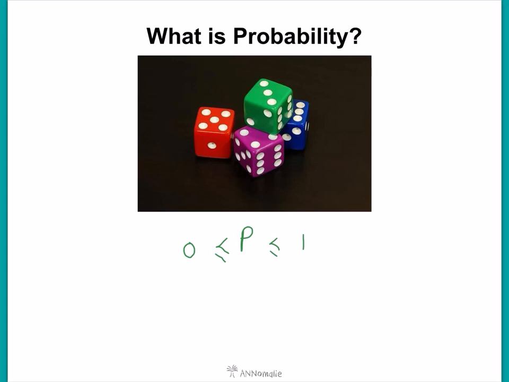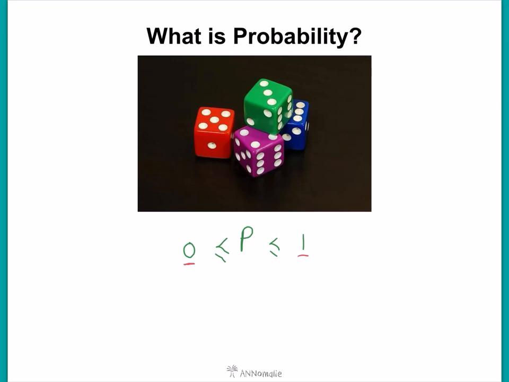The more likely it is that the event will occur, the higher its probability. The probability of an impossible event is 0, and that of an event that is certain to occur is equal to 1.